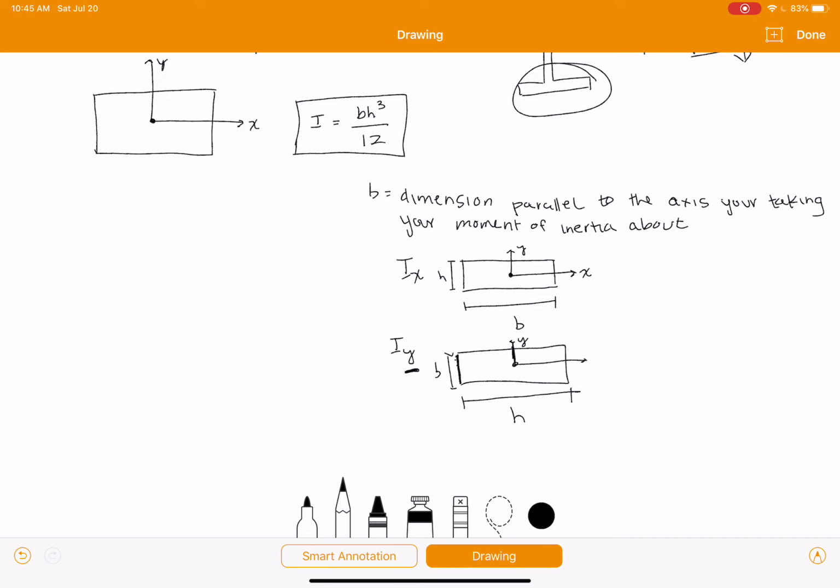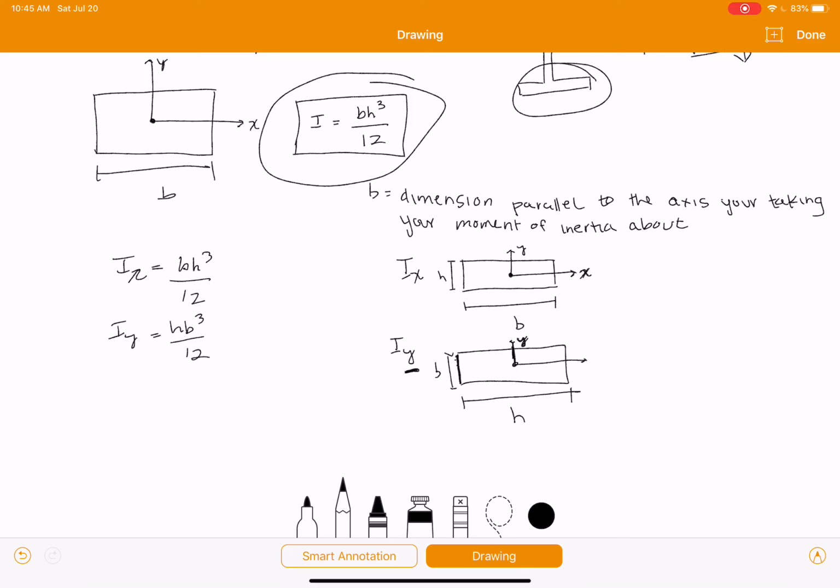It doesn't matter how you remember it. I feel like it's easier for me to just have to remember one equation and then just remember that b is always going to be parallel to whichever axis you're looking at. That's easier for me. It might be easier for you to just remember Ix is bh cubed over 12 and Iy is hb cubed over 12. And this is always b, and this is always h.